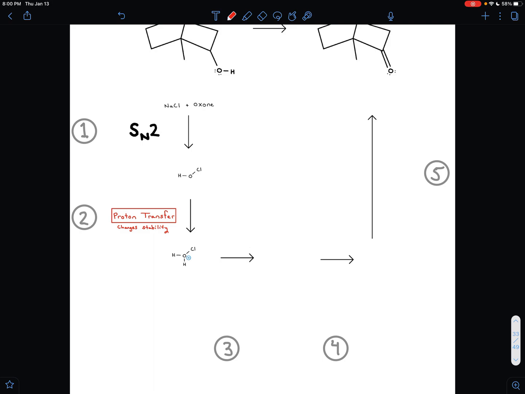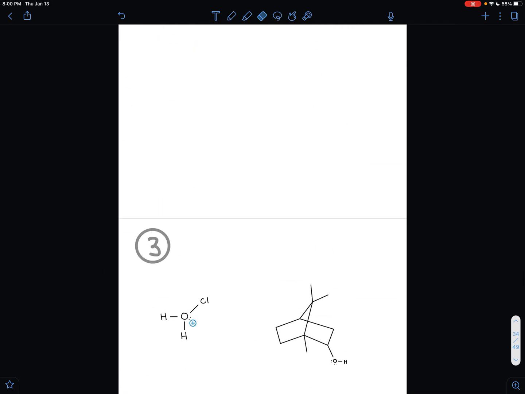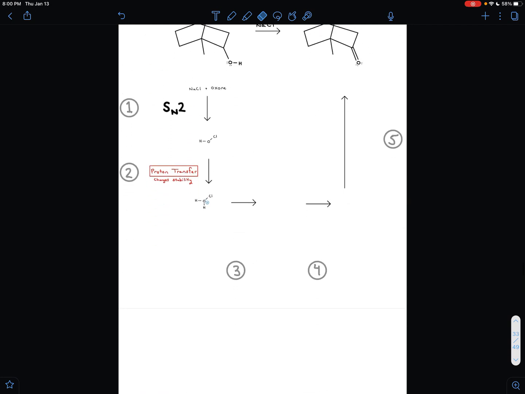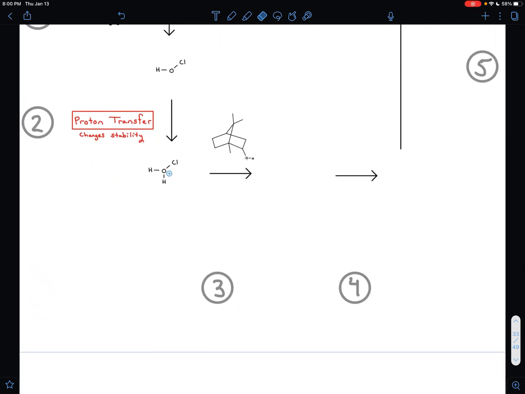In the third step, we're going to do another SN2 reaction. So here, we're finally going to introduce the Borneol, and we're going to put the chlorine onto the Borneol.